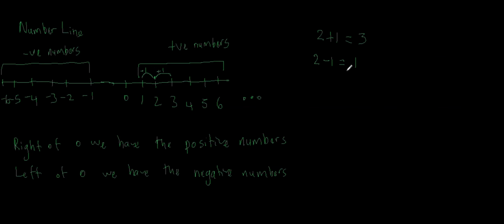So looking at these two problems here, we could introduce two rules when we're doing problems with negative numbers. It's true for positive numbers and negative numbers. So the rules are, when we add, we move to the right.